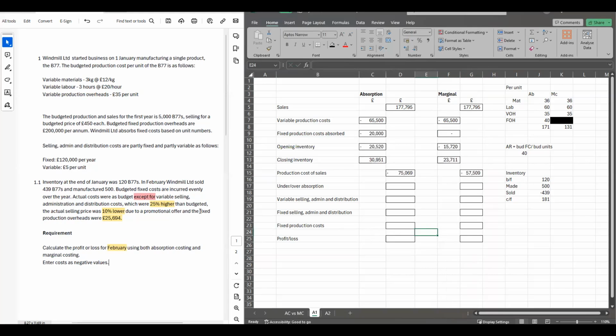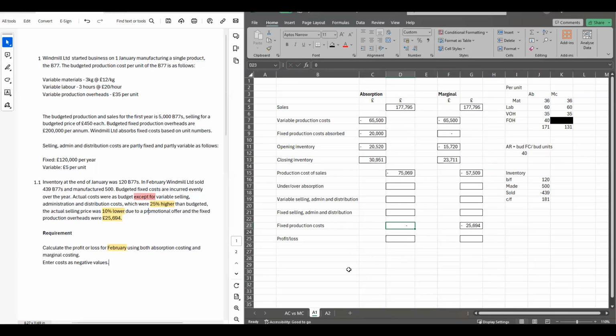Now, in this question, we were provided with that number, so that number can just go straight into this box here. But similar to the above row in terms of the fixed production costs absorbed, because under absorption you are absorbing the fixed production costs and they're included in part of your cost of sales, you wouldn't include a separate number in the fixed production costs. So here again, we're going to put a 0. And again, that's worth some marks. That's a really important thing to make sure you do.